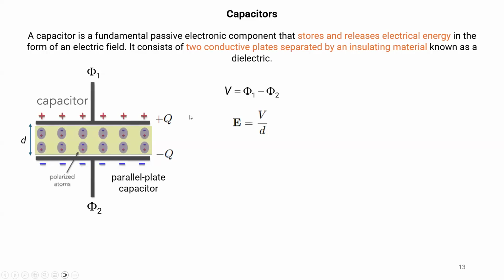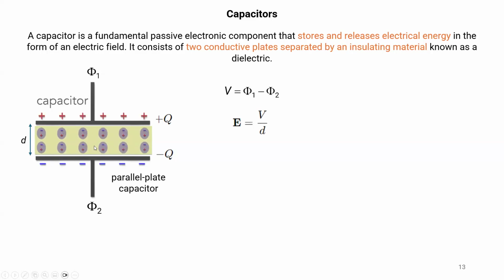I consider the system of two metallic plates. Metals are very good conductors. So I can take some electrons and move them from the upper plate to the lower plate, which will charge the upper plate with positive and the lower with negative charge.